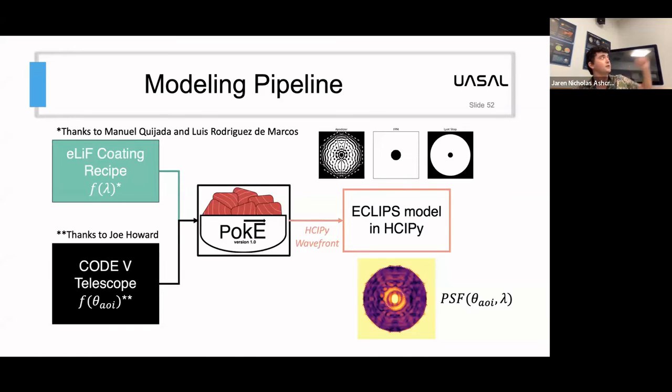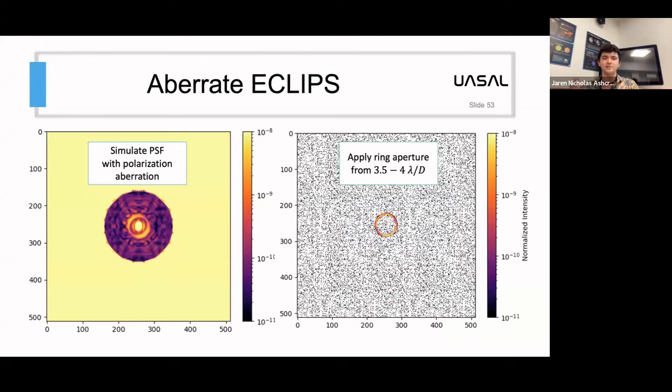And these data are plugged into POPPY. POPPY then outputs a HCIPy polarized wavefront that we can propagate through the LUVOIR A eclipse coronagraph to get a library of point spread functions that are a function of this maximum angle of incidence constraint and wavelength. And these are broadband simulations, like 10% centered on the center wavelength.